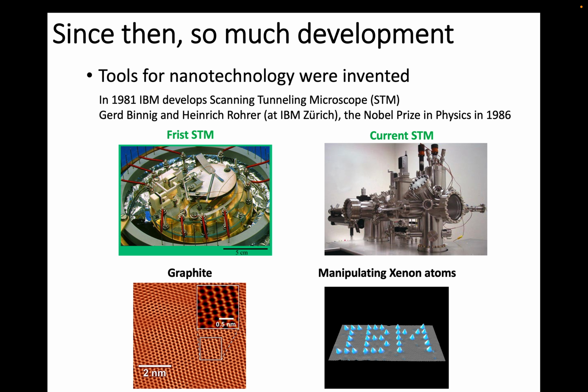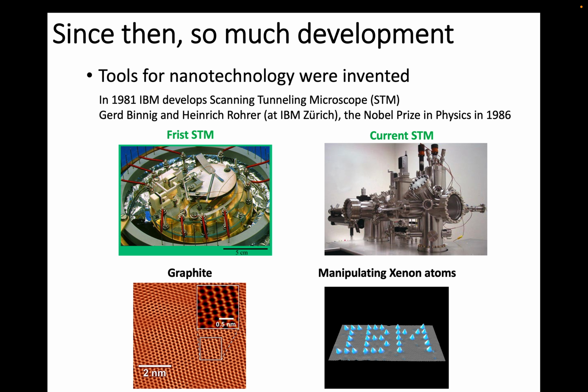This is a current STM. Compared to the one developed in 1981, it's a lot more advanced now in terms of stability and drift. With this current STM, we are at a level where we can manipulate individual atoms and place them in a desired location.